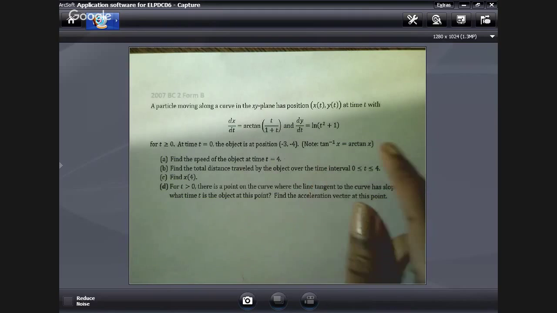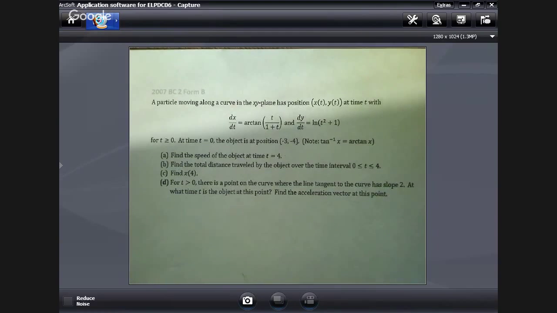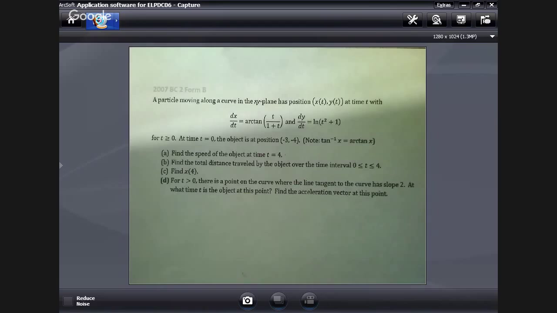And there's a note that inverse tan x is equal to arctan. According to some texts, not many anymore, some folks think that arctan and inverse tan are not exactly the same thing. But as far as the AP exam is concerned, inverse tan, which looks like an exponent of -1, and arctan are the same function.